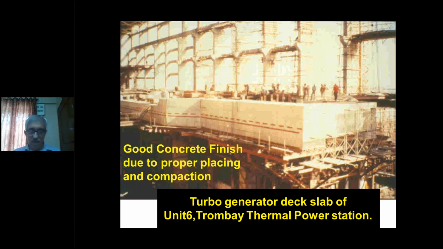And in unit number 6, we could place the turbo generator within a couple of days of concreting because concrete had good strength, good finish. And this is what importance of proper supervision and proper planning does to concrete.